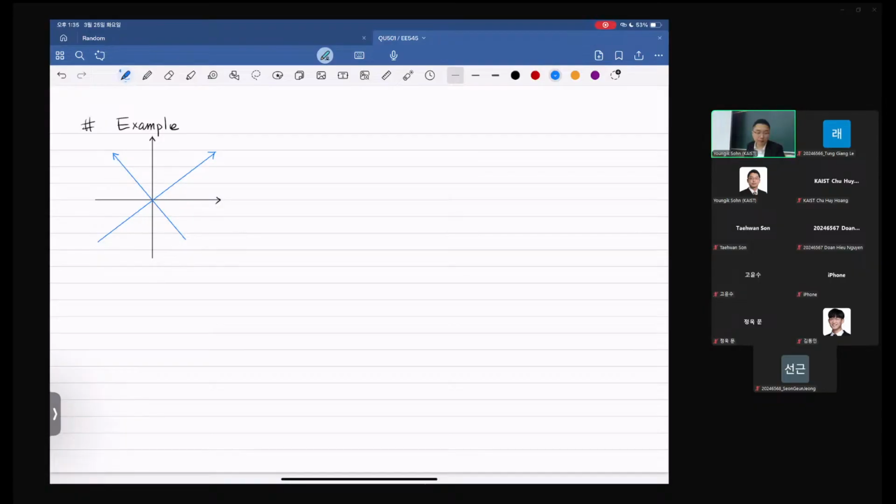So black and blue one. Black, I'll call it U1 axis and U2 axis. And then the blue one, I'll call it V1 axis and V2 axis, okay? And then to make this example, I'm using 45 degrees to make things simple, all right? So there are two bases.